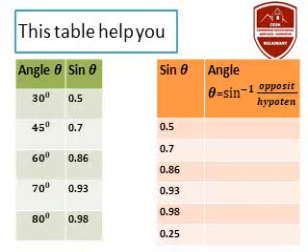We use sine inverse to find theta because theta is unknown. Sine inverse of 0.86 equals 60.